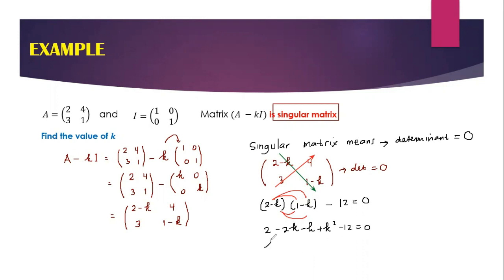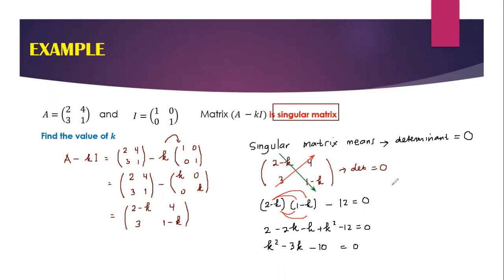So we can simplify: k squared, minus 3k, and then 2 minus 12 is minus 10, equals 0.